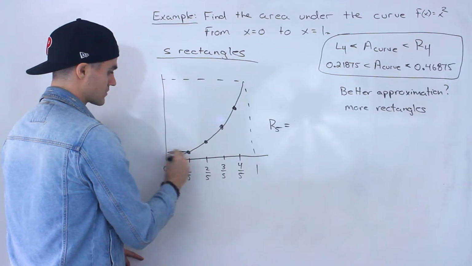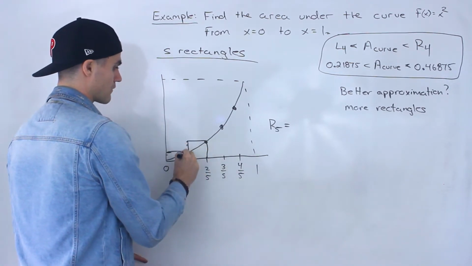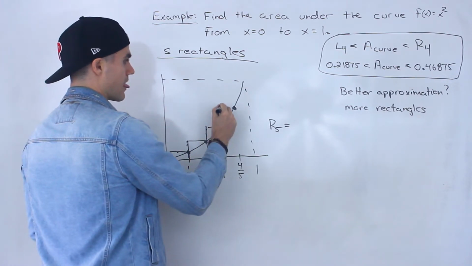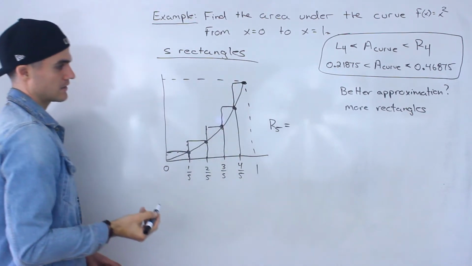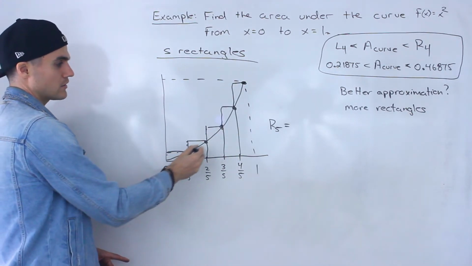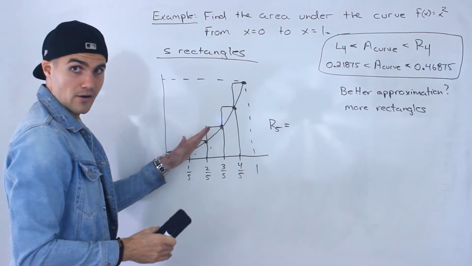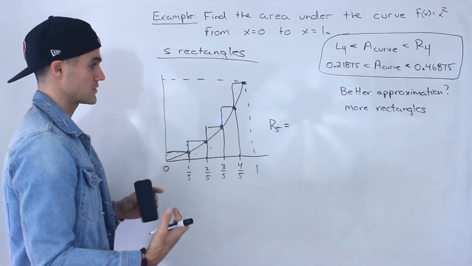So the rectangles are going to be like this, and then this, and then that, this rectangle, and then that rectangle up here. So notice the area of these 5 rectangles is going to be greater than the area under the actual curve, as we've mentioned.